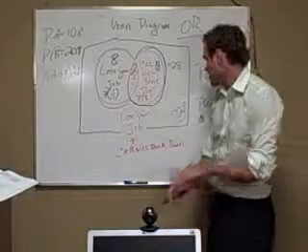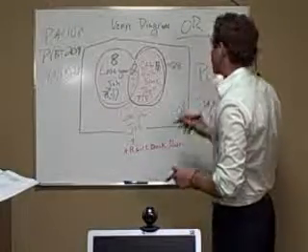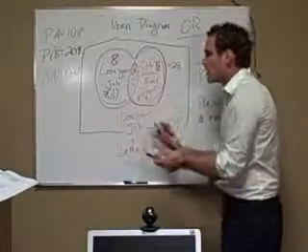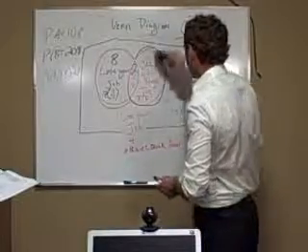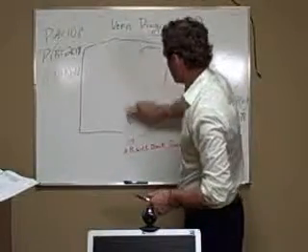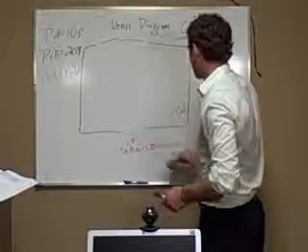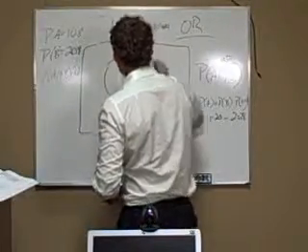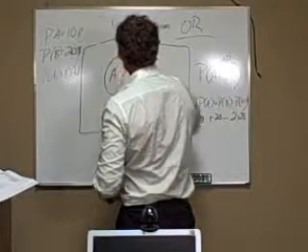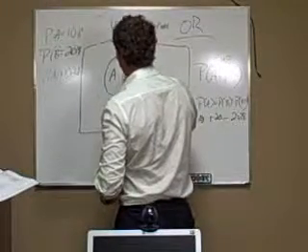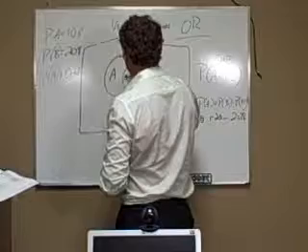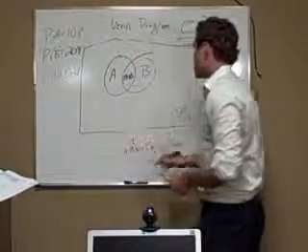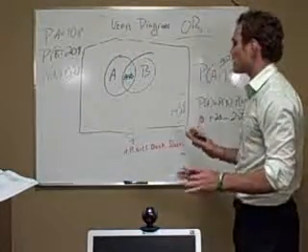Okay? So, now, lots of things you can do on these Venn diagrams. Let me redraw my circles because they're getting messy. I'll just go to A, B, A and B. Okay? Now, we can do a lot of things.